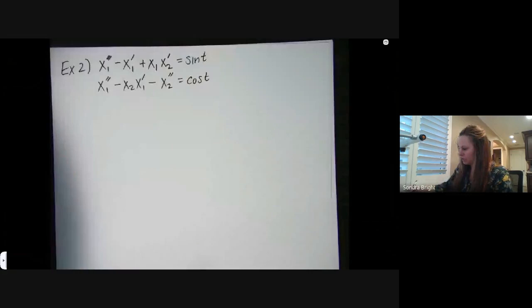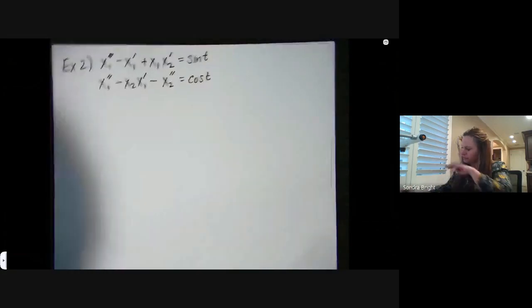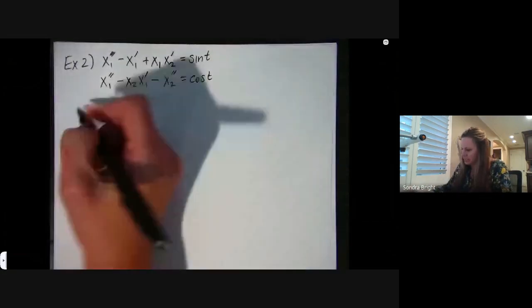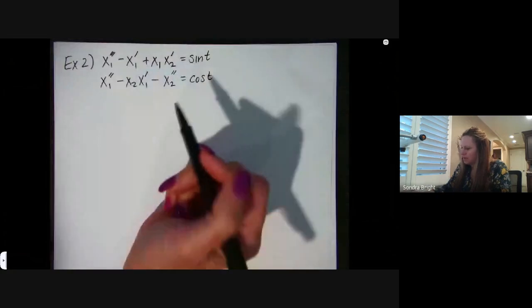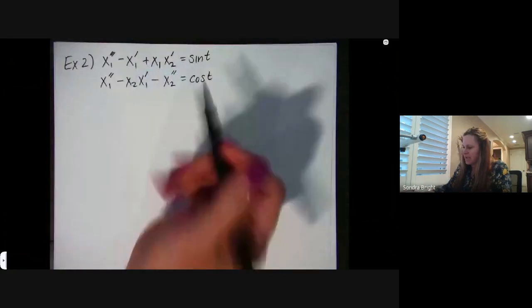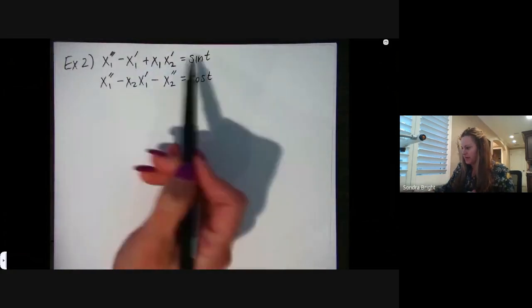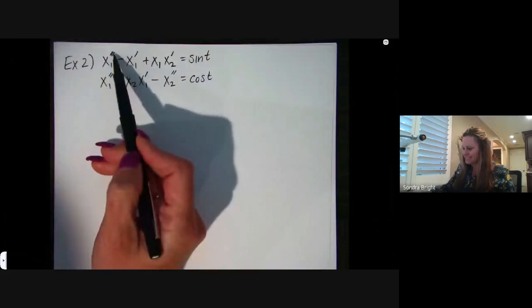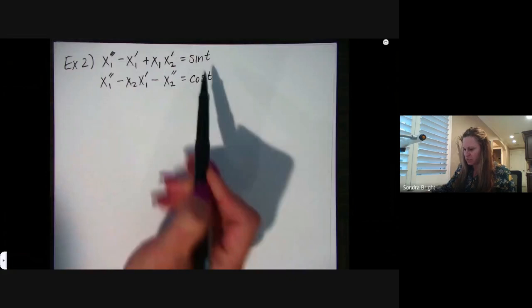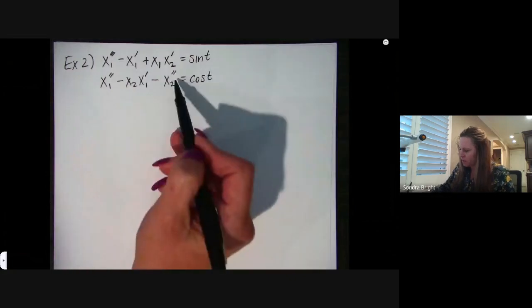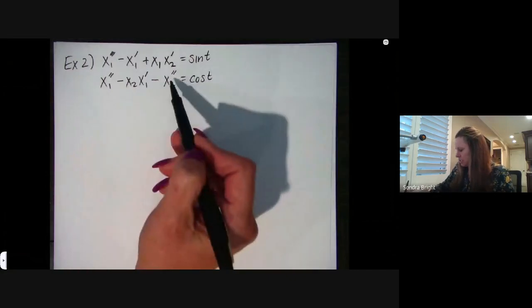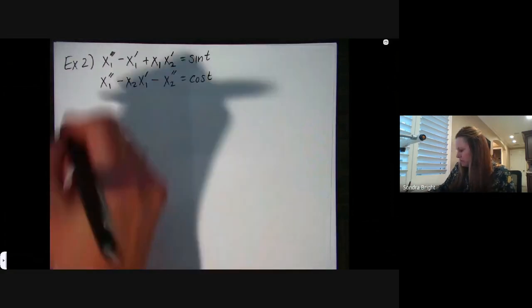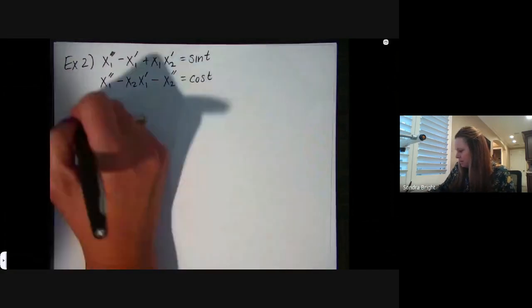What I noticed is on x1, my highest order derivative is the third derivative. And on x2, the highest order is the second derivative on x2. So I'm going to use different letters. I'm going to let u1 equal x1.